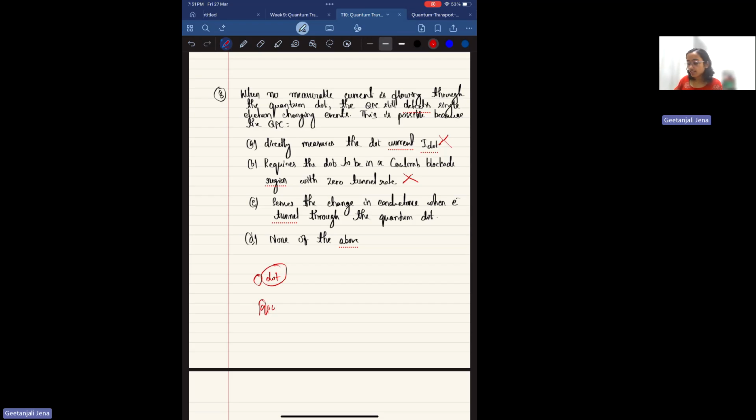Option C, it senses the change in conductance when electrons tunnel through this quantum dot, which is true. So this is the reason we are able to sense the charging and discharging event, even if the current through this dot is zero. So the correct option is option C.